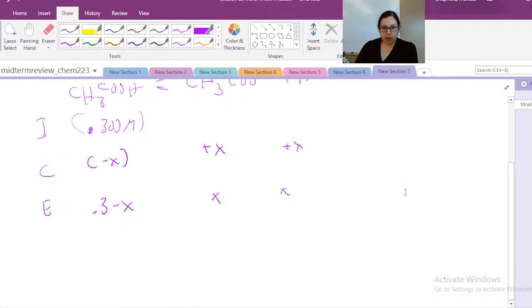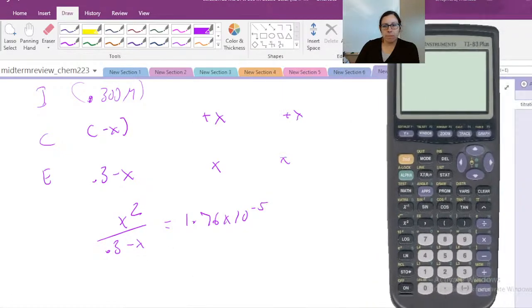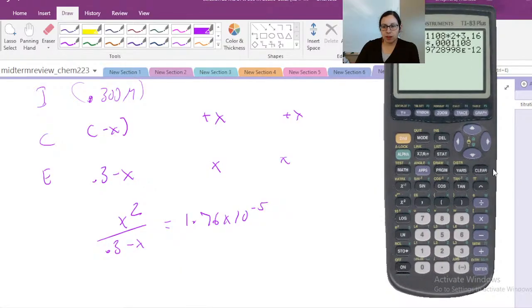And now we can set it equal to our Ka expression. So now just x squared over 0.3 minus x is equal to 1.76 times 10 to the negative fifth. Again, I'm hoping we can make an assumption here, so just getting rid of this minus x. So let's plug that in.